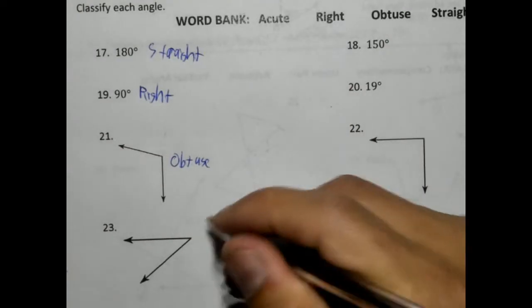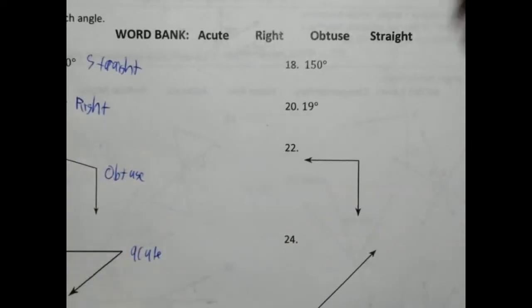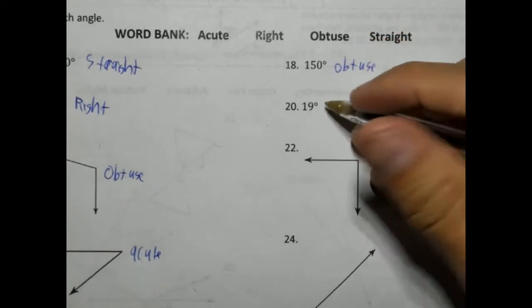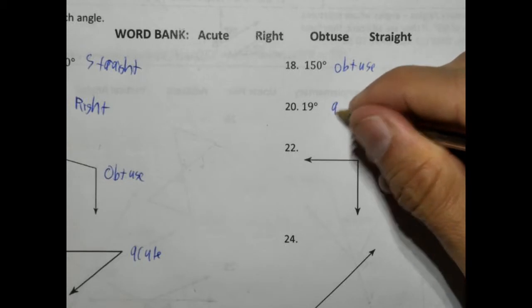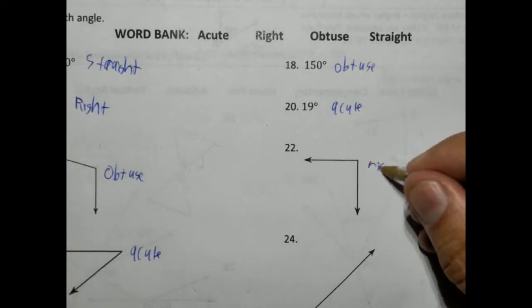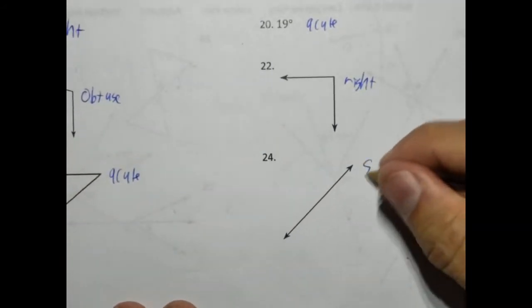This is less than 90, so we're going to call that acute. And over here, this would be obtuse because it's greater than 90 but less than 180. This is acute because it's less than 90. All right, so this is a tricky one. I would say it's right, even though we don't have the measurement, but that's what I'd go with. And then here, I'd call this a straight angle.